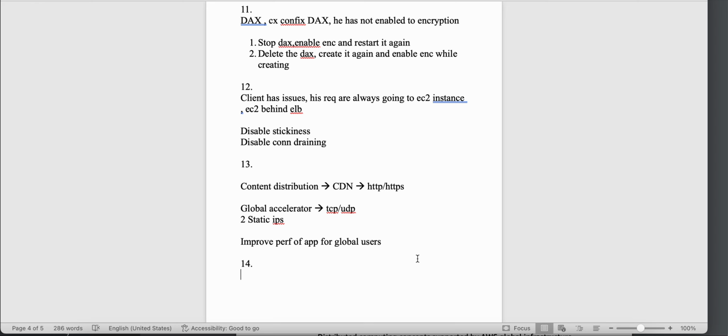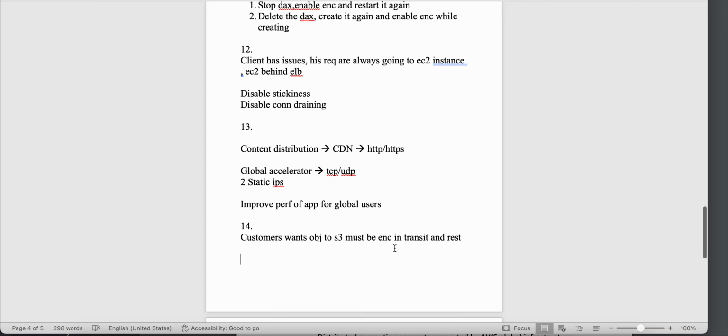And one question was that the customer wants the objects uploaded to S3 to be encrypted at rest as well as in transit. I don't remember the options, but the solution is in the bucket policy. For the at-rest one, you can add a condition on the x-amz-server-side-encryption header.